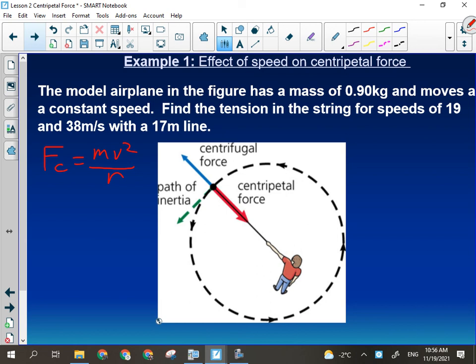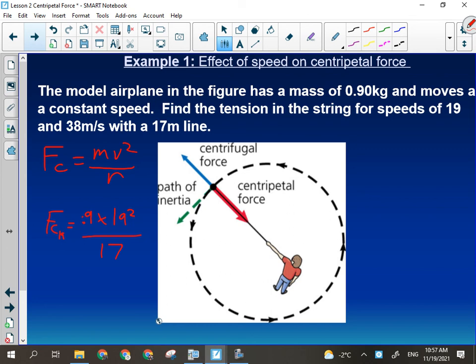Right, so I'm looking at 19 and 38 meters per second. 38 is 2 times bigger than 19. So when I calculate my centripetal force, the centripetal force at 38 will be 4 times bigger. Okay, so let's just double check that that's the case. All right, so FC for the 19 meter per second one. That's going to be 0.9 kilograms was our mass, multiplied by 19 squared divided by 17 meters.